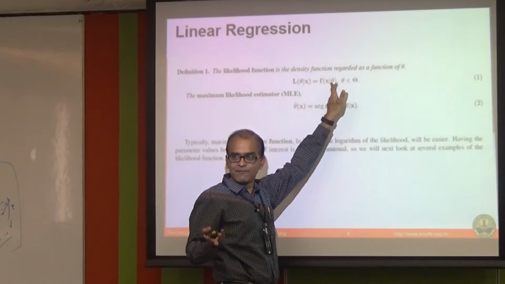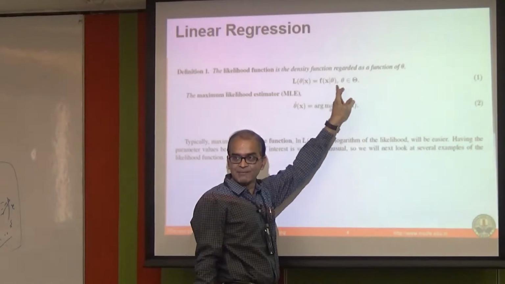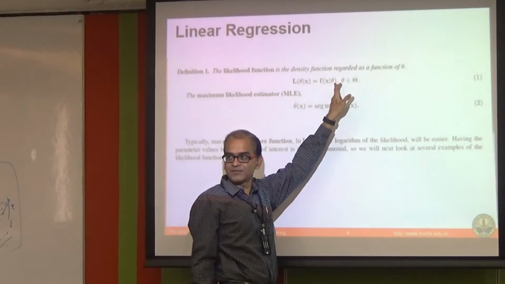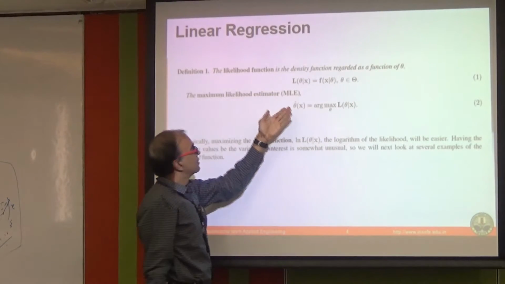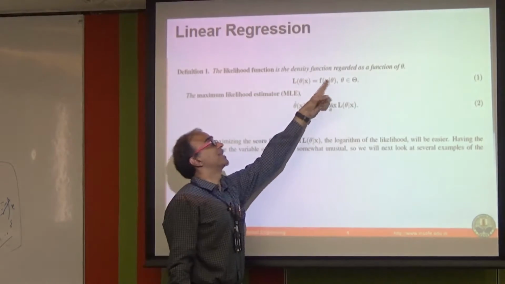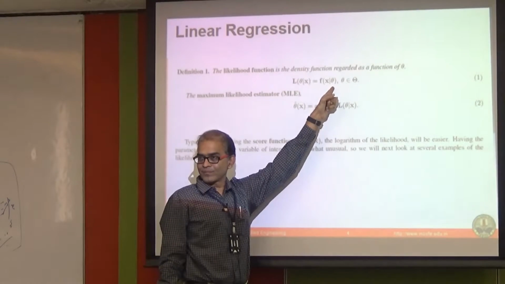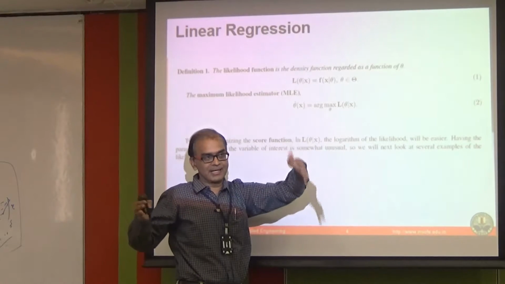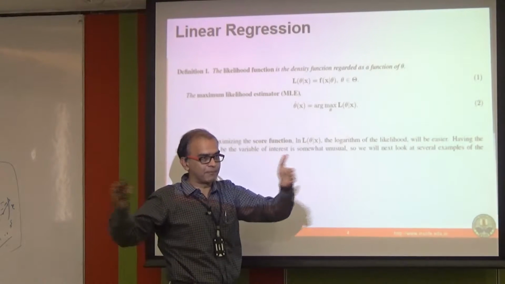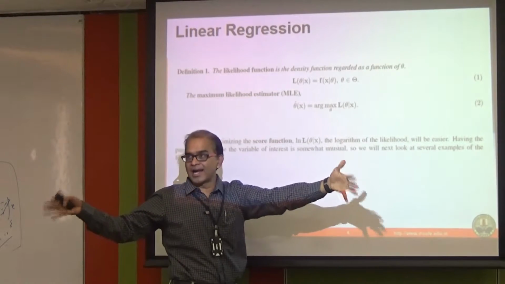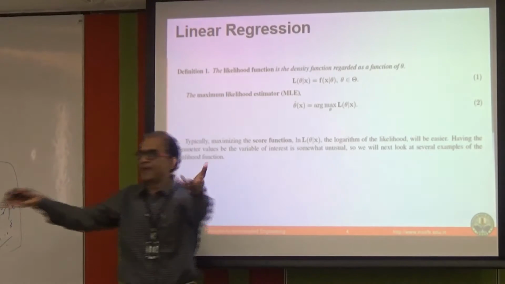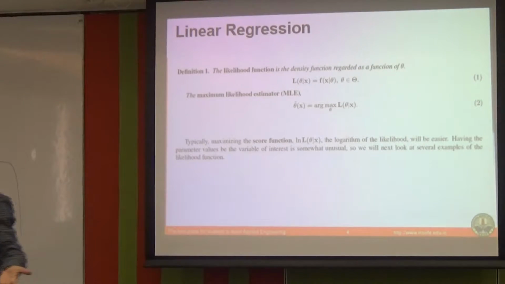My entire effort is expressing these probabilities in terms of theta. Then I need to find that theta for which this probability is highest. So I have a product of probabilities, all expressed in terms of theta. What theta values does it take a maximum?